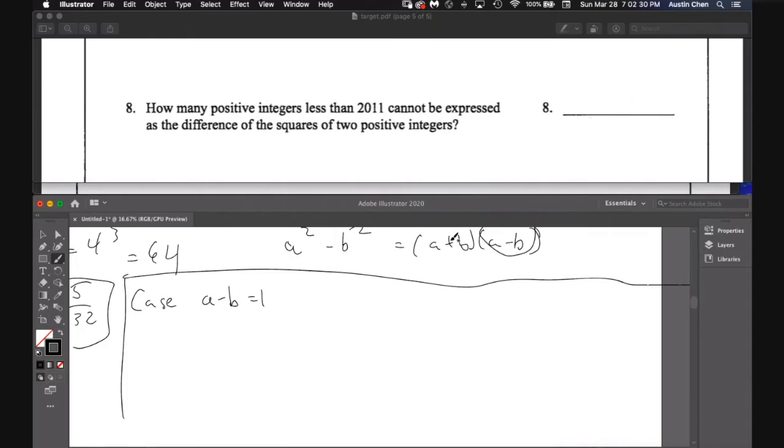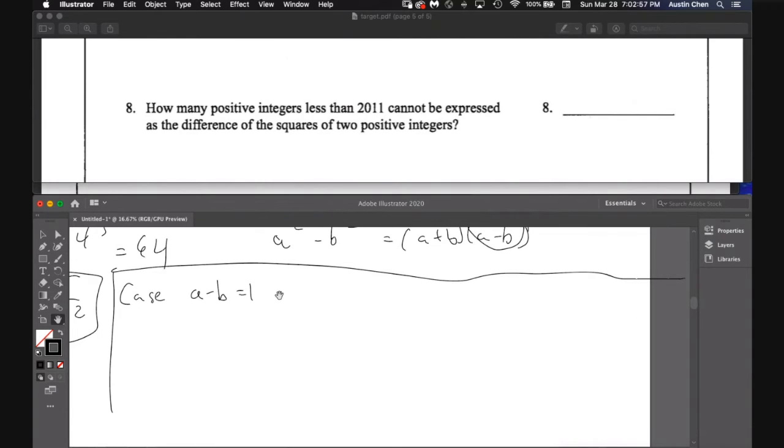If b is larger than a, then b squared is going to be larger than a squared, which means that a squared minus b squared is going to be a negative number, but we're only looking for when this difference is a positive number. So essentially a is always going to be greater than b, so the difference a minus b is always going to be positive. So now we're going to start from our lowest case where a minus b is equal to 1, and work our way up.